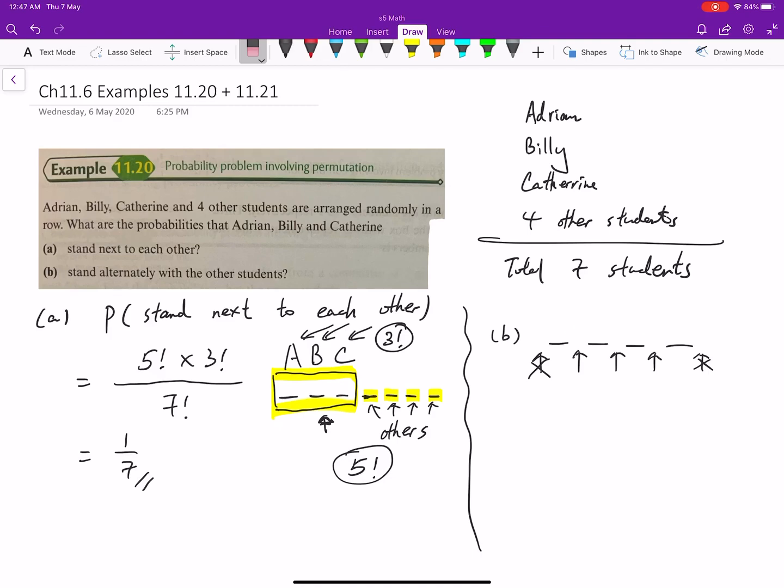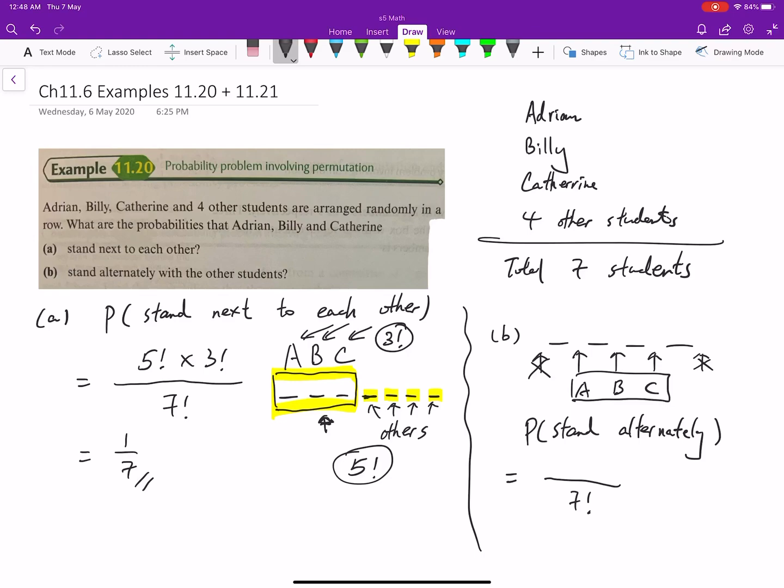So let's get back to this. Then you need to have A, B, C put in these 3 spaces. So now we get the answer: stand alternately. The denominator again is the same, 7 factorial.